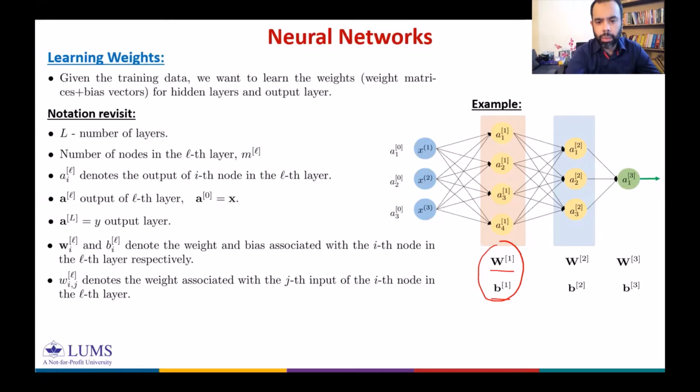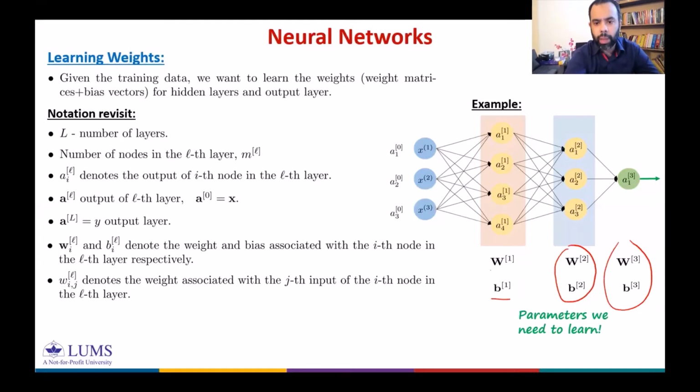Similarly, W2, b2 correspond to the weights and biases which we want to learn for layer 2. And similarly, W3, b3 for the output layer, or for layer 3. So these are the parameters we need to learn given the training data. So this is the learning weights problem we have in hand.